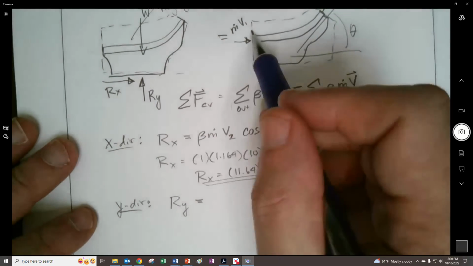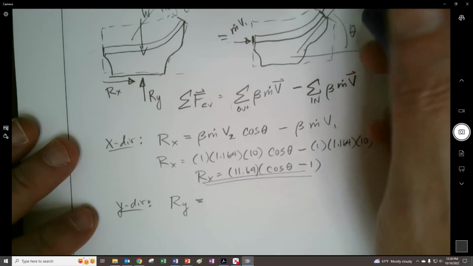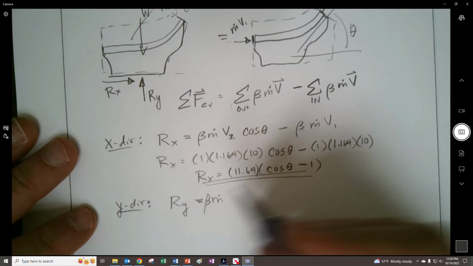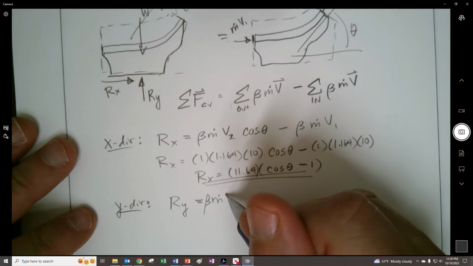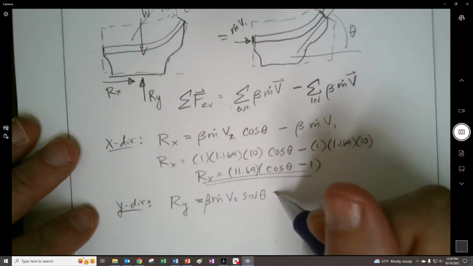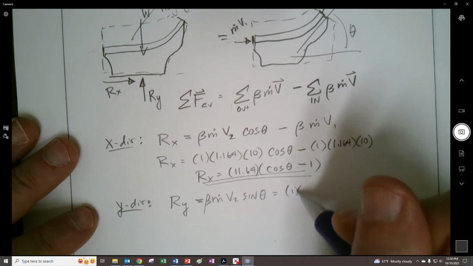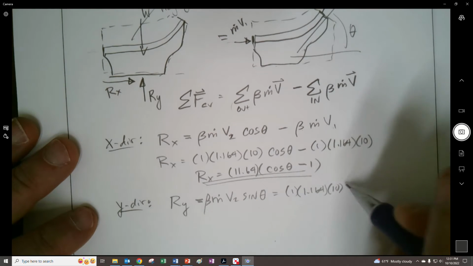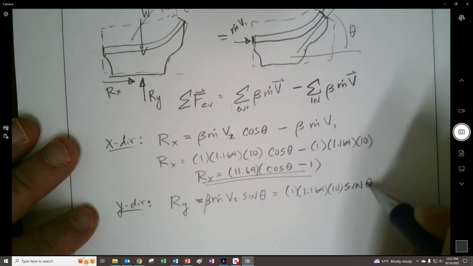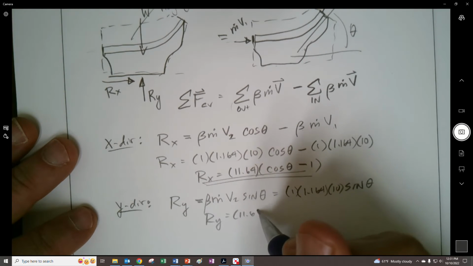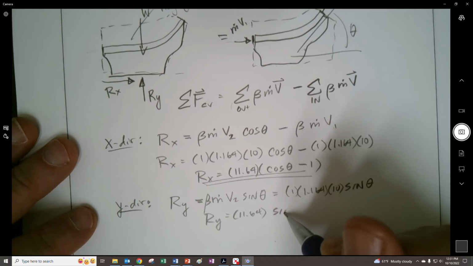And this will only be the outlet. So m dot, well, let's put the beta in there just for lip service. V2 sine of theta, which is going to end up being 1 times 1.164, 10 times the sine of theta. Therefore, our Ry is equal to 11.64 times the sine of theta.